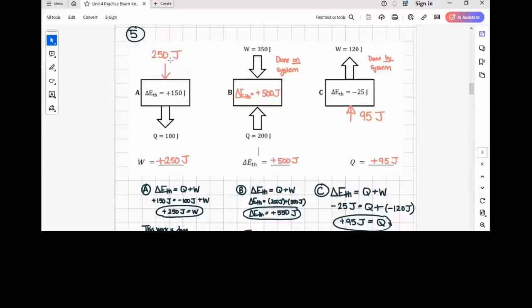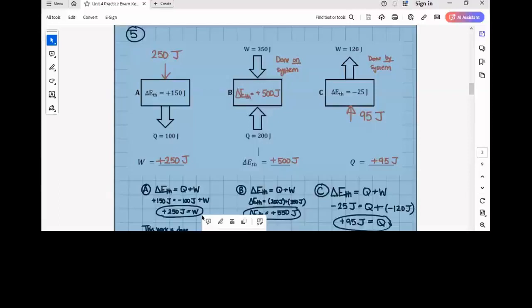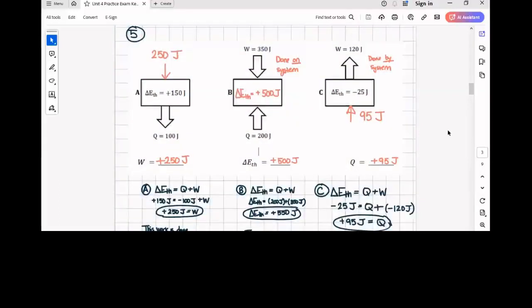So I could communicate that with an arrow that is heading into the rectangle. And if I were to solve this for the magnitude of W, I'd get positive 250 joules. So you put in 250 joules of work, but the only energy that's retained is 150 joules. That means that 100 joules of energy flow out of the system as heat.